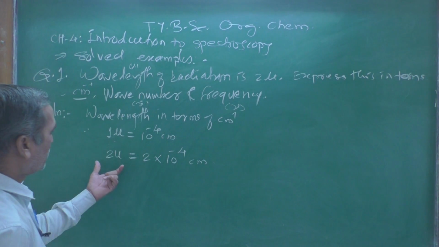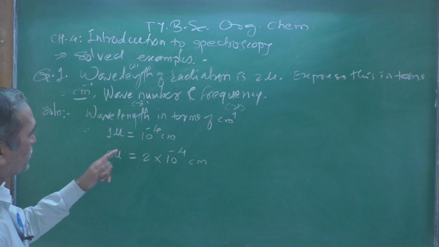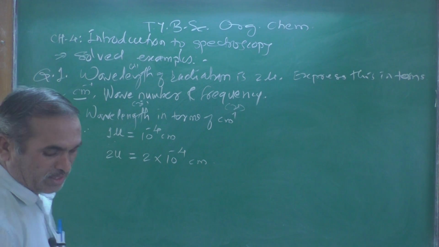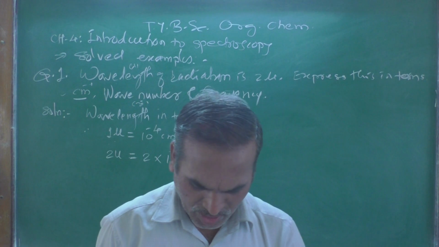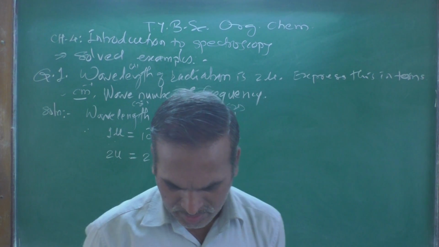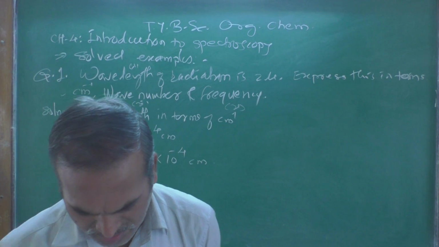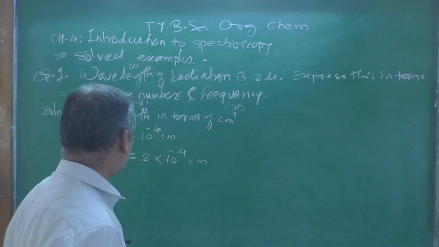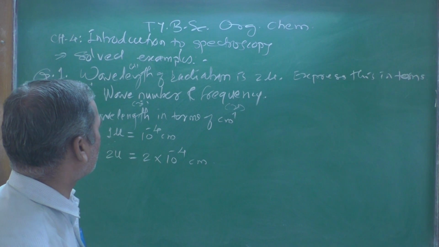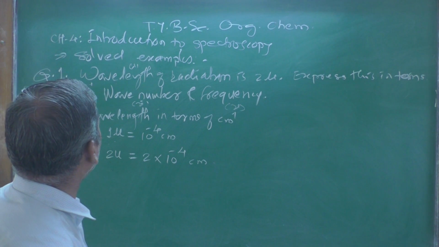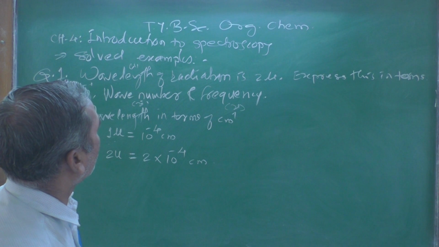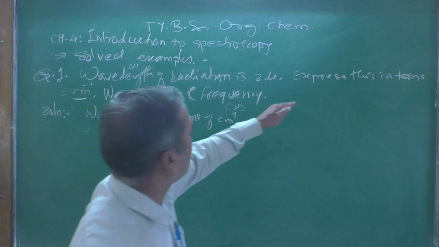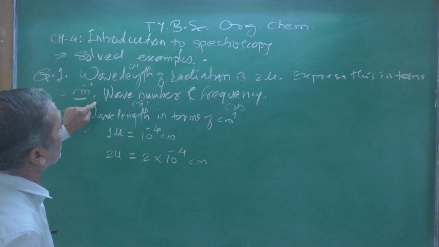So lambda is 2 mu, which equals 2 into 10 raised to minus 4 centimeter. Now the wavelength of radiation is 2 mu, and we have to express this in terms of per centimeter.